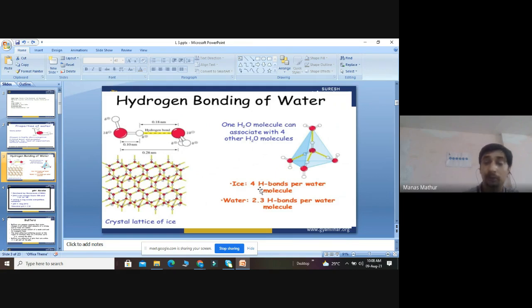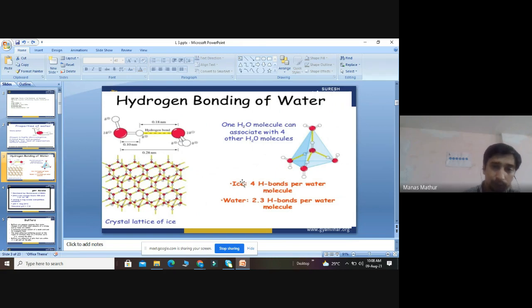When it changes into water, the number of hydrogen bonds decreases. Now there are about 2 to 3 hydrogen bonds per water molecule. So this is the crystal structure of ice, and this is the liquid form.